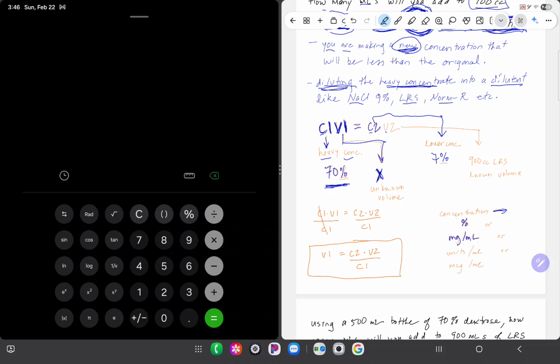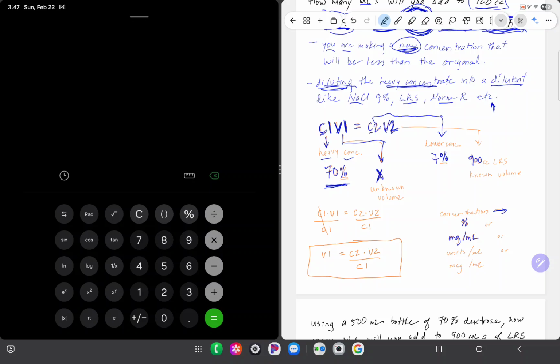That's what KCl always is as potassium chloride. So lots of different things mean concentration, but in this particular question, when they talk about dextrose, the concentration should always be percent. I don't think they're going to change that up. Anyway, V2, volume 2, they told us that part. So that's 900 mils left in this bag that is hanging on my patient.